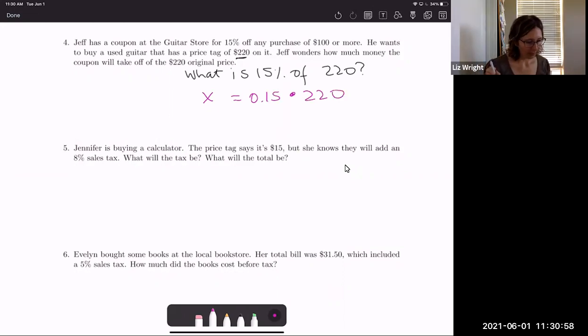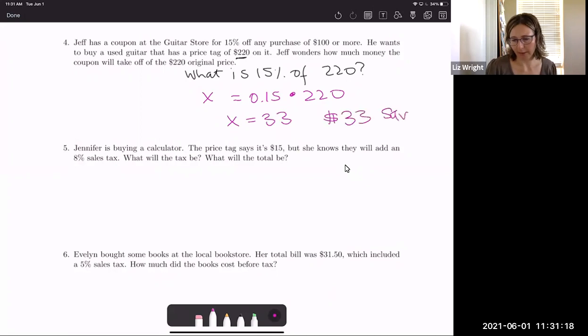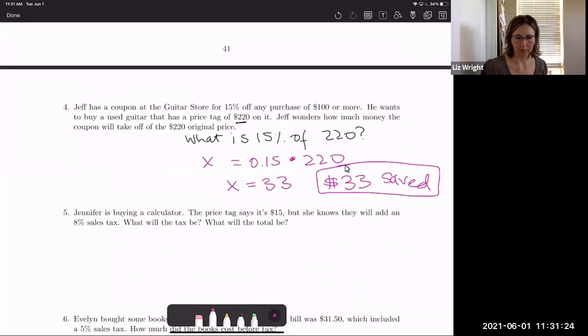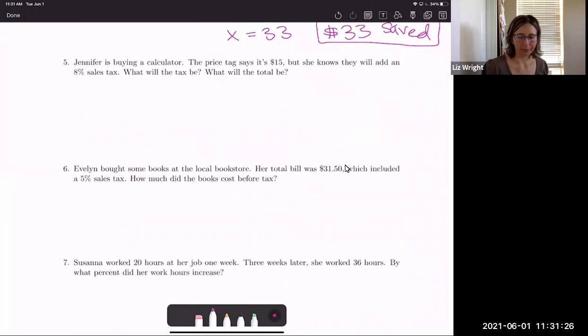So go ahead and multiply those and see what you guys are getting. I am getting, what did I get? 15% of 220 should be 33. X equals 33. And then what's our label? It would be $33 saved with that coupon. Saved with 15% off. So let's check the next one.